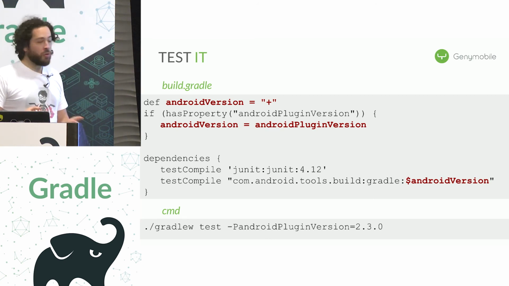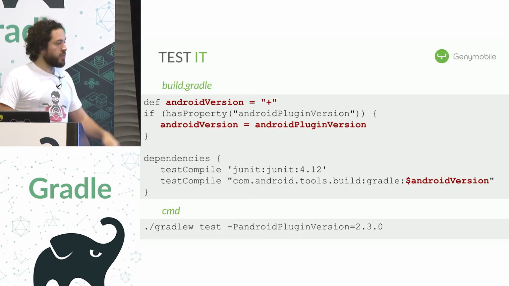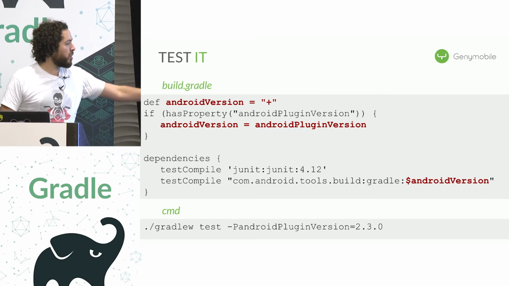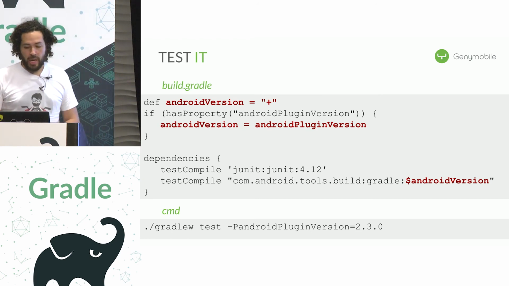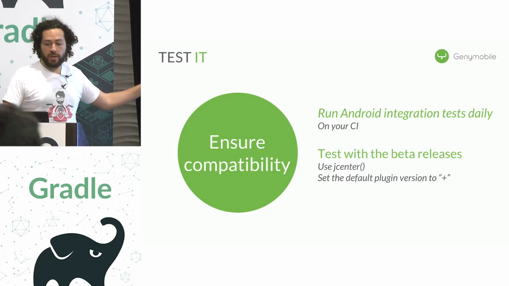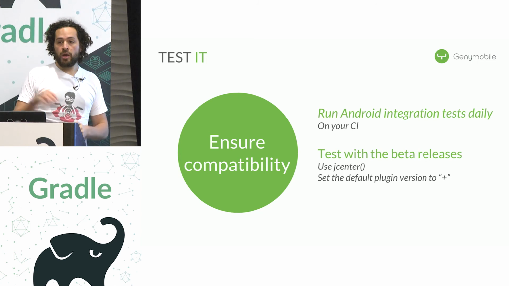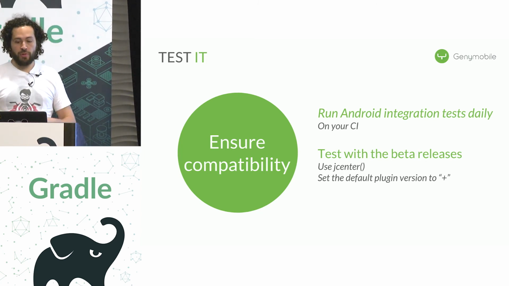When a user wants to run the tests with a specific version, there is this -P androidPluginVersion parameter that he can add. And when you have this, you can just use your CI to inject a different version and run the tests iteratively on all the versions you want.